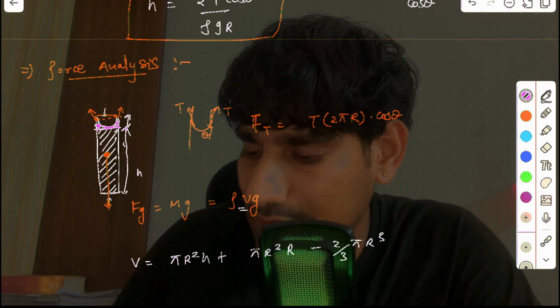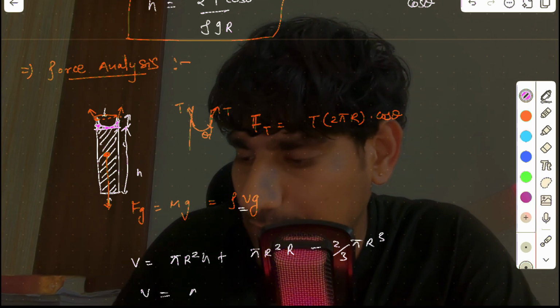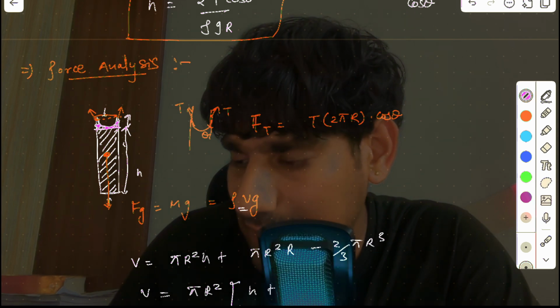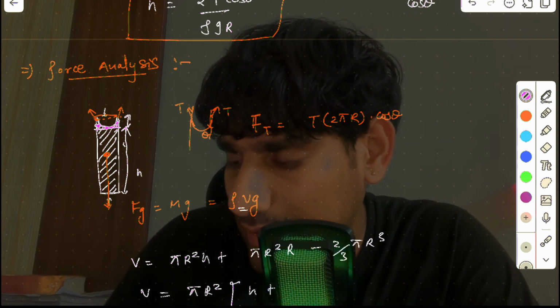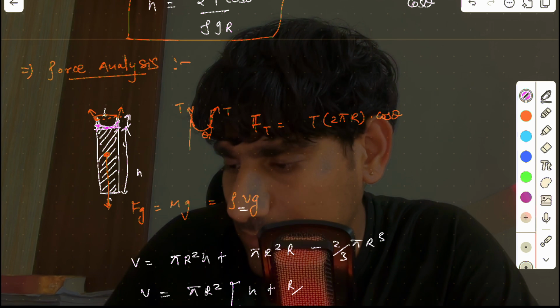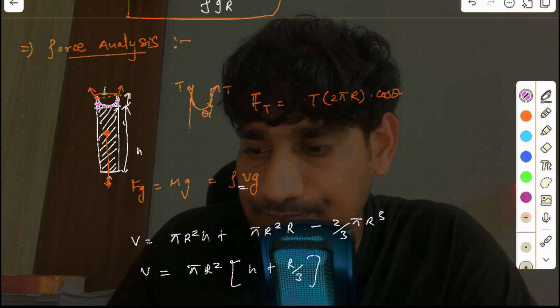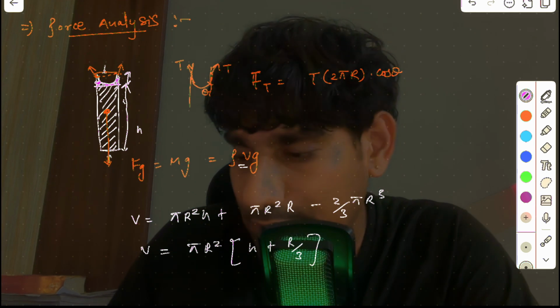If I take pi r square and h common, the other side has r by 3 common. So this is the value.